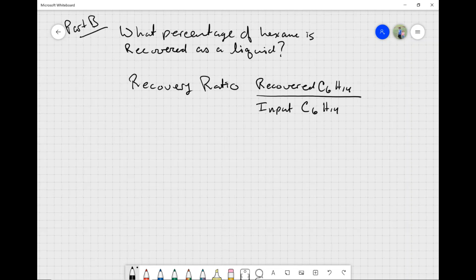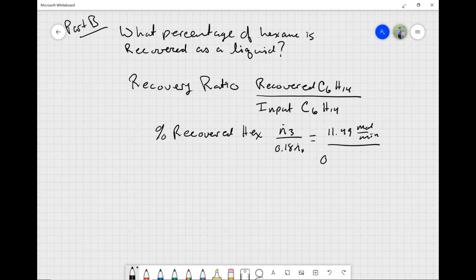So the recovery ratio will actually give us the percent recovered. And so the recovered C6H14 was basically N3 over the input, which was 0.18 N1. And so N3, if you remember, was 11.49 moles per minute, and 0.18 N1 was 83.81.